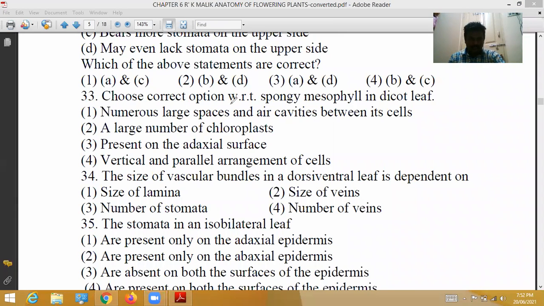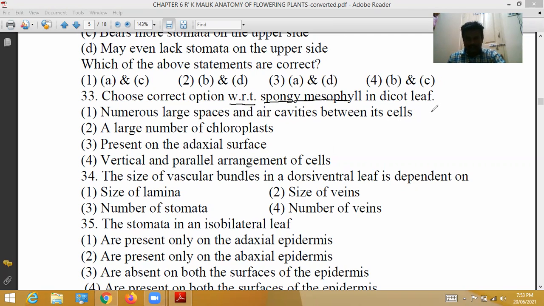Choose the correct option with respect to spongy mesophyll in dicot leaf. Numerous large spaces and air cavities between its cells.